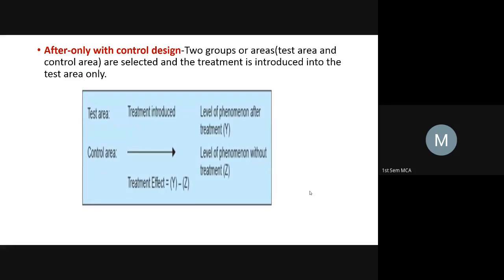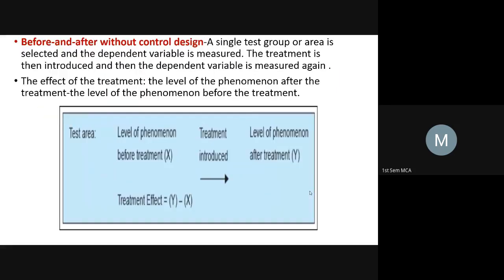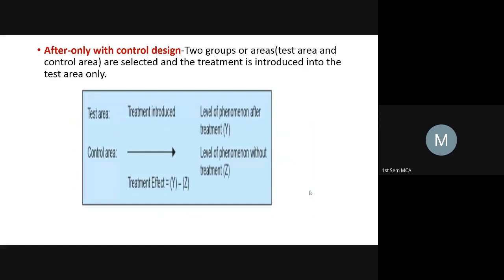Next. Here you have only one area. What is that? Test area. Test area is only one factor. Next, after only. That means you are going to conduct two things. So here one group and test area, level of phenomena after treatment, level of phenomena without treatment.